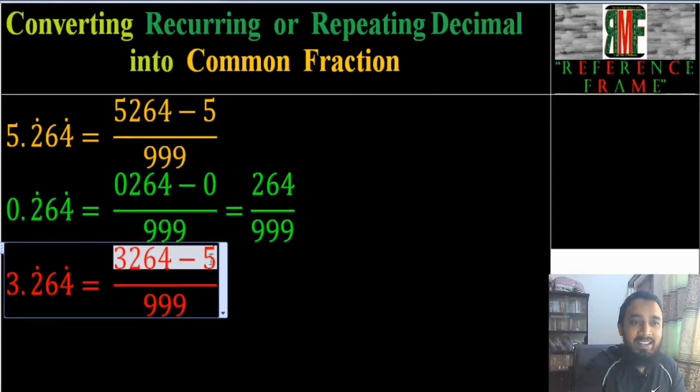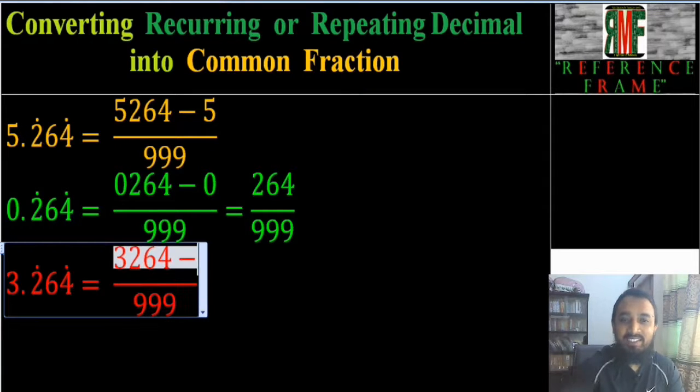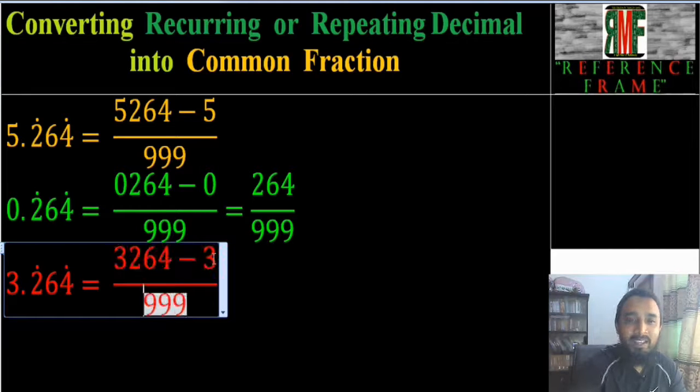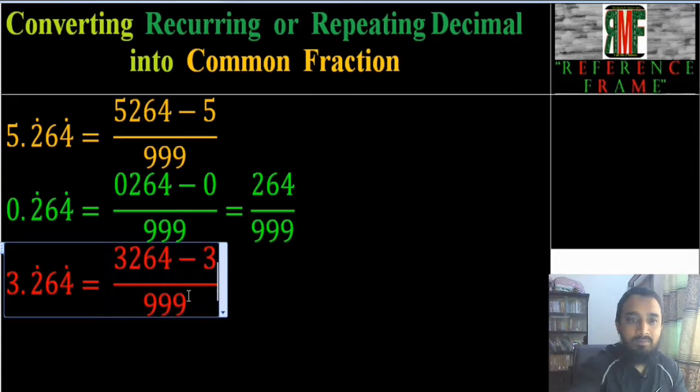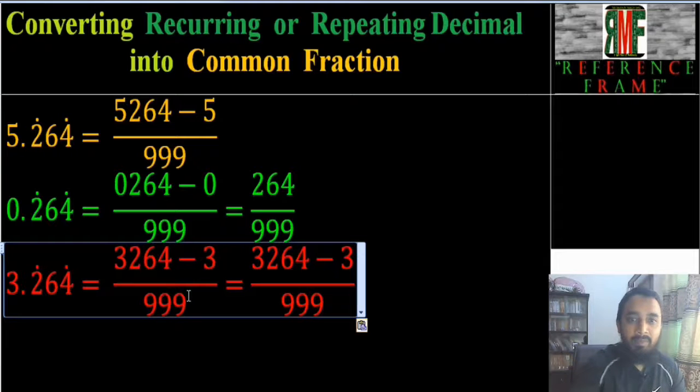Now what do we need to subtract? The digit before the decimal. What is the digit before the decimal? It is 3. We're going to subtract it, and let us see what we are going to have. Then we're going to have 3264 minus 3.